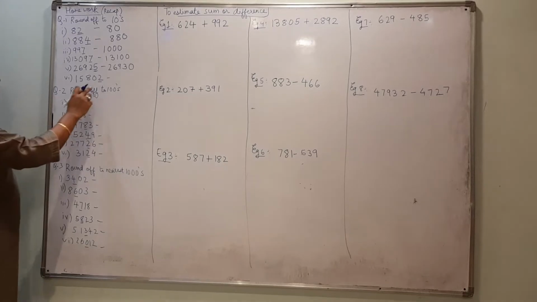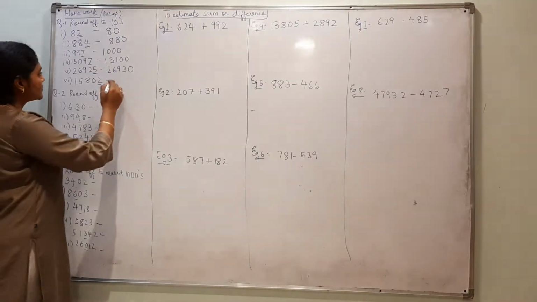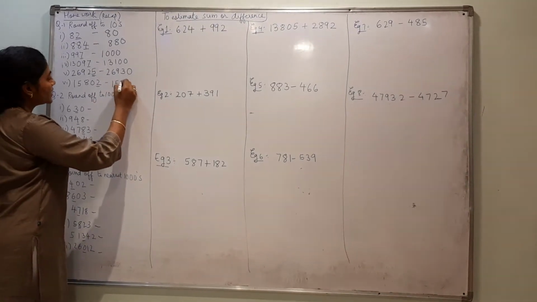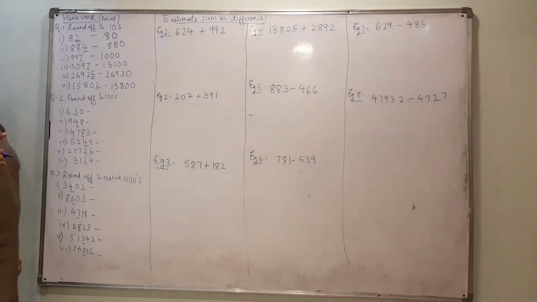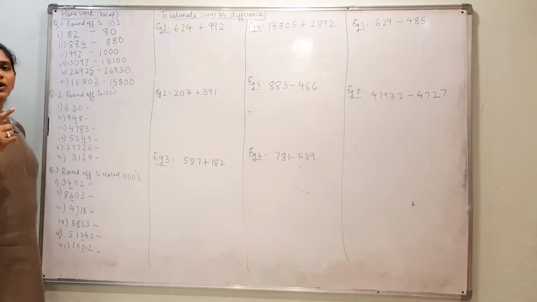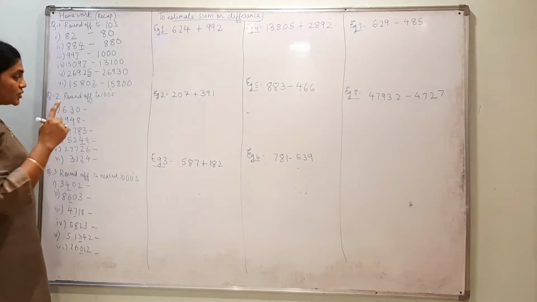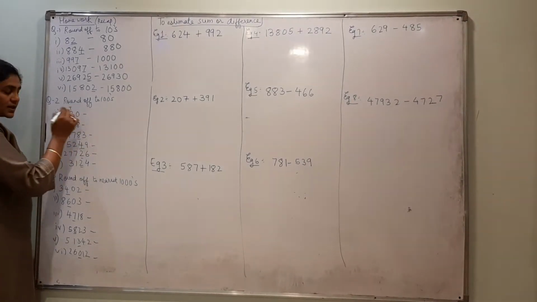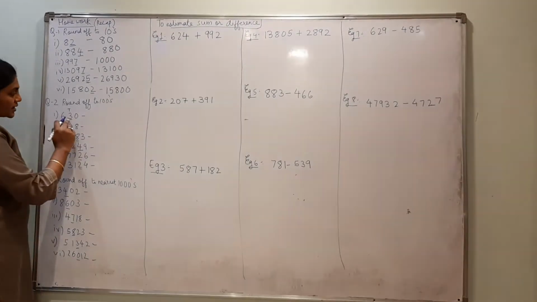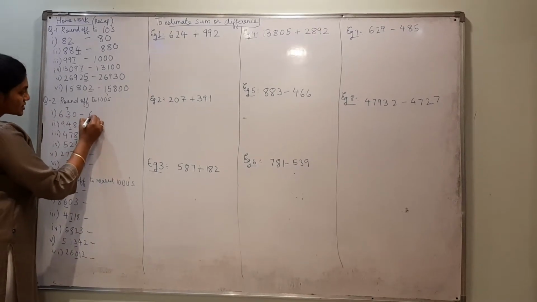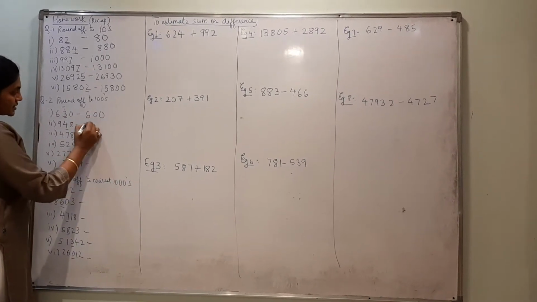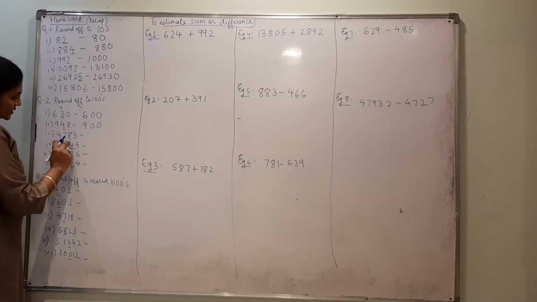Now again it is 2, less than 5, this will be 15800. Now hundreds, whenever you are rounding off to hundreds, you have to look upon the tens place. 3 less than 5, so this is 600, this is 900.